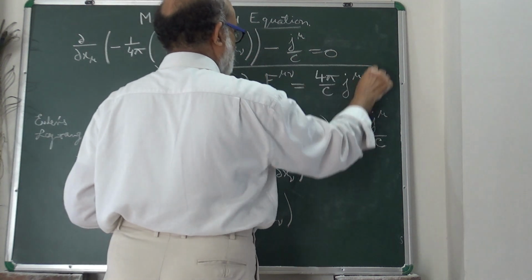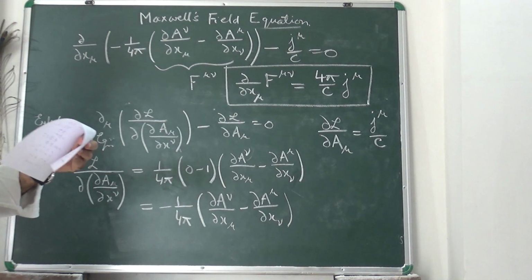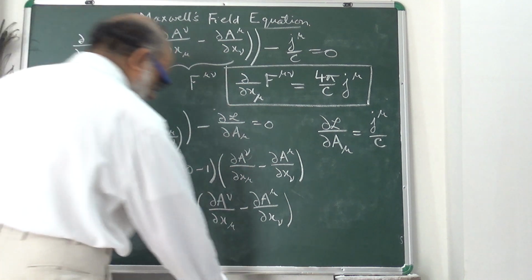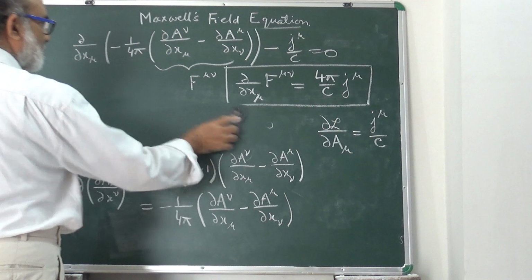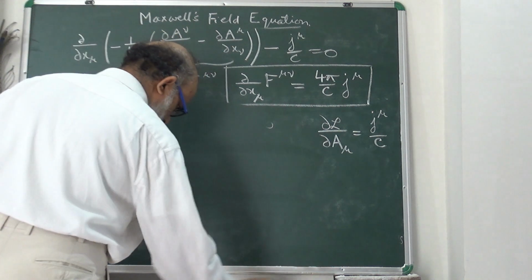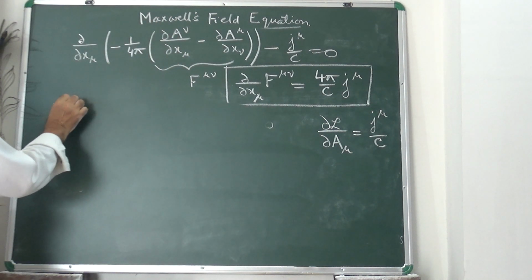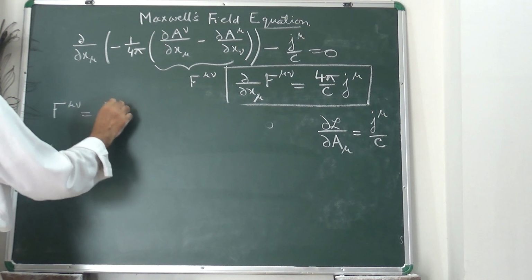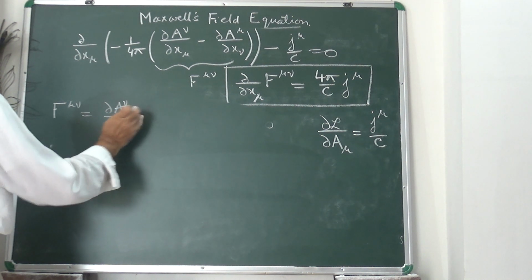So this is our Maxwell's equation, where F mu nu is given by this formula. We are mostly interested in this F mu nu. This is delta A nu by delta x mu minus delta A mu by delta x nu, the electromagnetic field tensor.